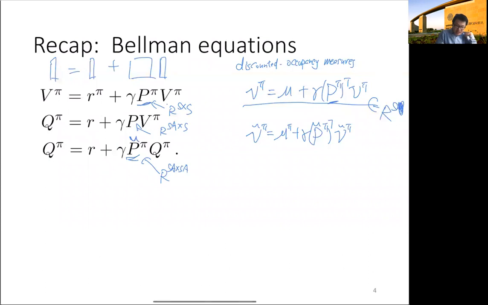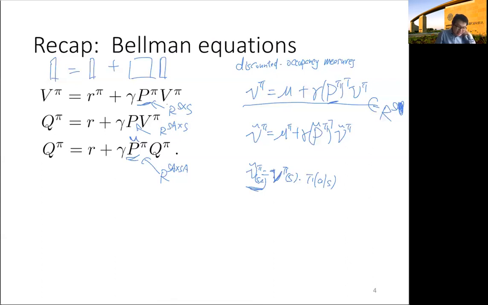So this is in R of S, and when we add a tilde, we get a state action occupancy measure, which measures exactly the same thing. You can more or less deal with it as if we are dealing with probability distributions, though this is a general measure, not a probability distribution. You can construct the state action occupancy measure by simply multiplying that with the corresponding policy, to construct something that resembles a joint distribution of S and A.